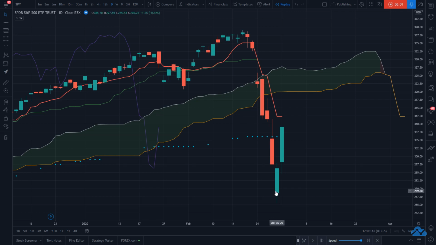We had the COVID scare coming in, and that's a pretty big move down from the top to here. It's about 15%. That kind of movement is something that you can expect every other year. Statistically, it's about a 10% down move in the market. The 30% down move that we had comes about once a decade or so.